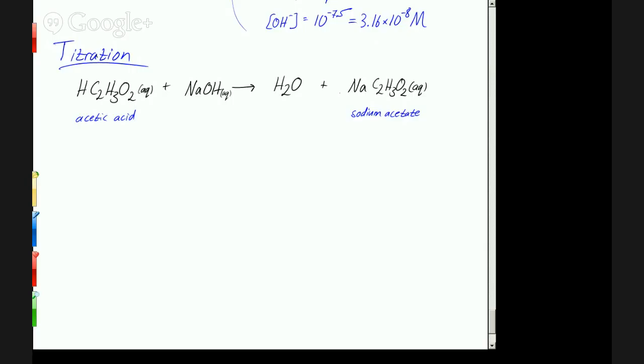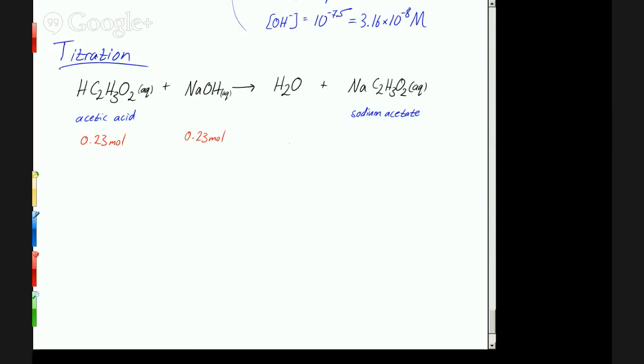That means that acetic acid and sodium hydroxide are always going to neutralize each other in a 1-to-1 ratio. So if you do this reaction to completion, meaning you neutralize all of it together and there's nothing left over, you should react an equimolar amount, the same number of moles of one with the same number of moles of the other. In other words, if I have, let's say, 0.23 moles of this, I would need exactly 0.23 moles of this to react with it and fully neutralize it. All right.